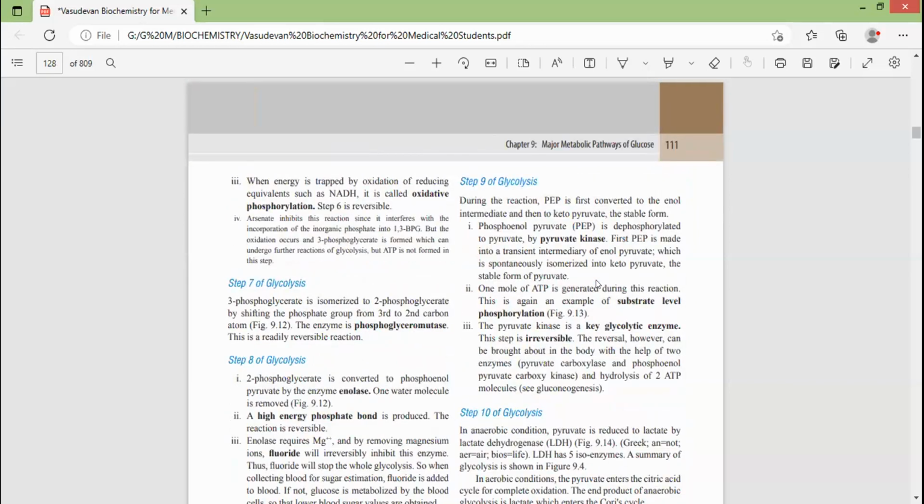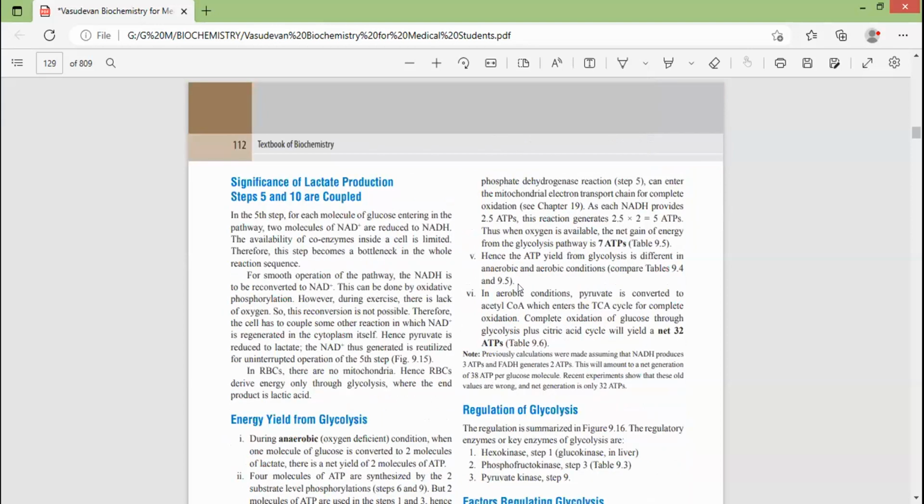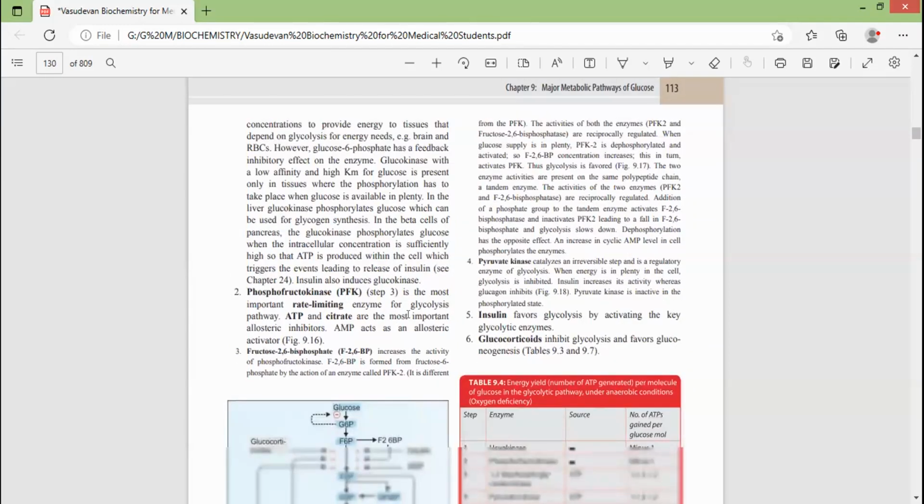We said it's step 3 of glycolysis, whereby PFK is the one affected. And here it is. So ATP is one of the most important allosteric inhibitors.